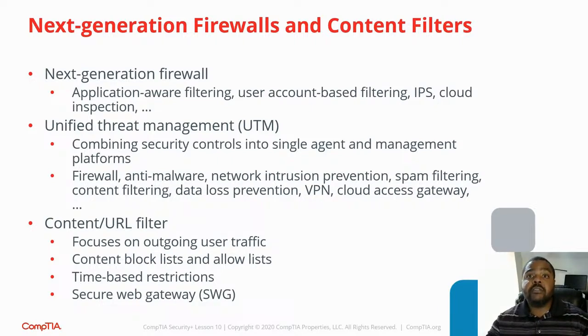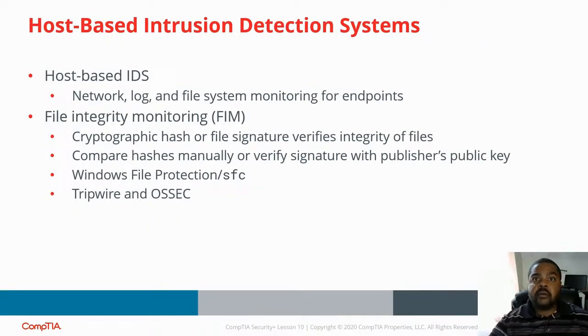These content filters can watch for things like that and alert us if we have any heavy usage of streaming platforms, or if we don't allow Spotify to be run on our network, we can see who's actually trying to get in contact with that server.